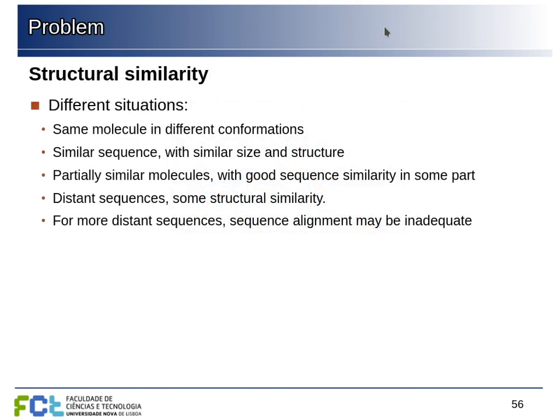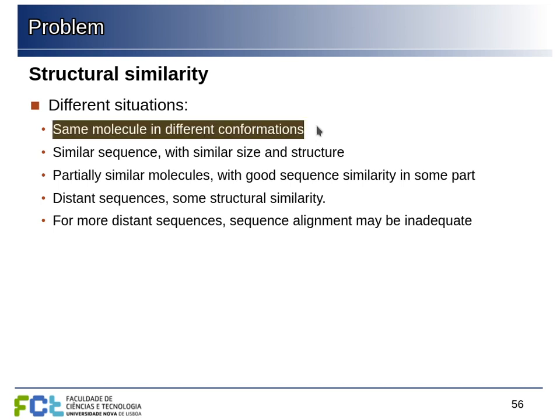We can do this in different simulations, in different situations. So we can have the exact same molecule in different conformations, and in this case, it is trivial to match the atoms, because if it's the same molecule in different conformations, we match each atom to that same atom in the other conformation.